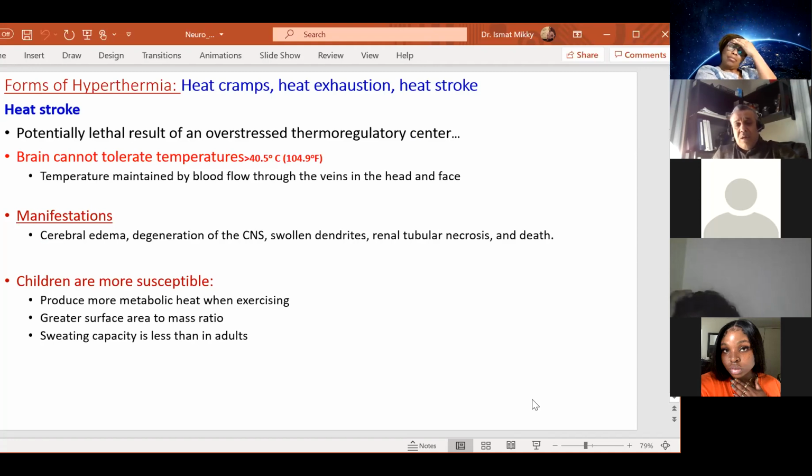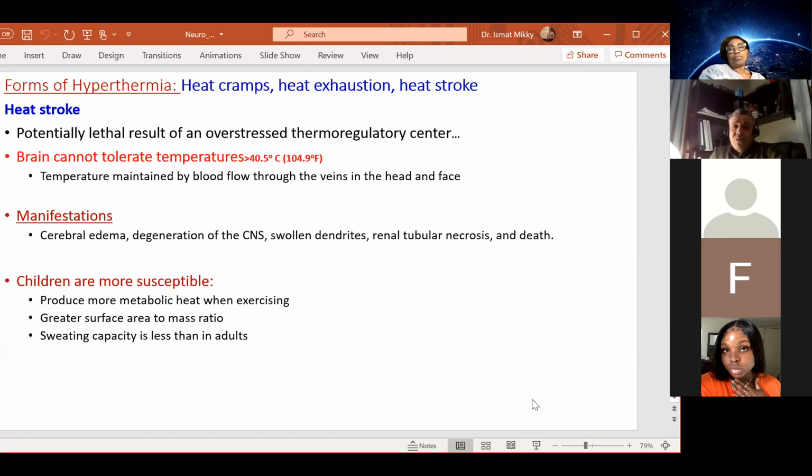Sometimes we attempt to do rapid peripheral cooling, over the skin, to cool off the temperature. Rapid peripheral cooling is not recommended because it will result in peripheral vasoconstriction, and that will limit the core cooling.